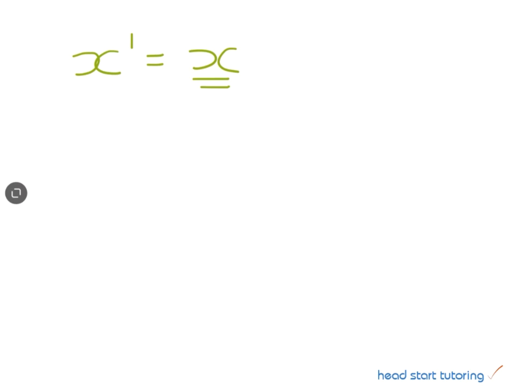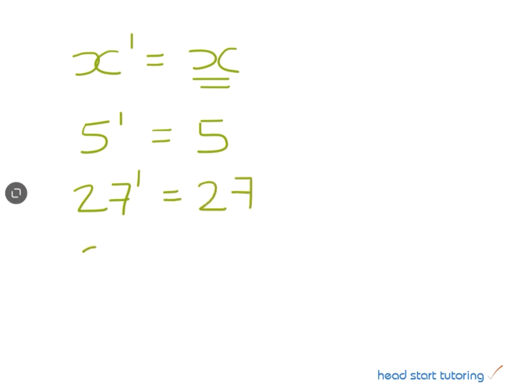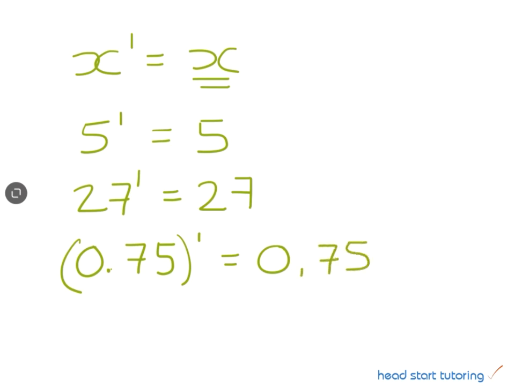Let's have a look at some examples. 5 to the power of 1 is always going to be equal to itself, which is 5. 27 to the power of 1 is going to be equal to 27. 0.75 to the power of 1 will always be equal to 0.75. 3/8 to the power of 1 will be equal to 3/8.